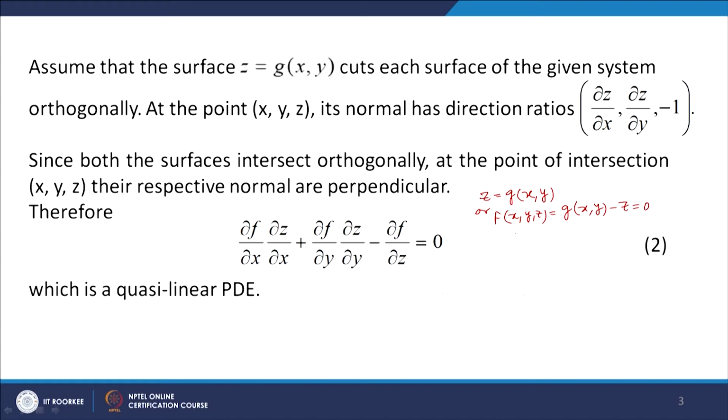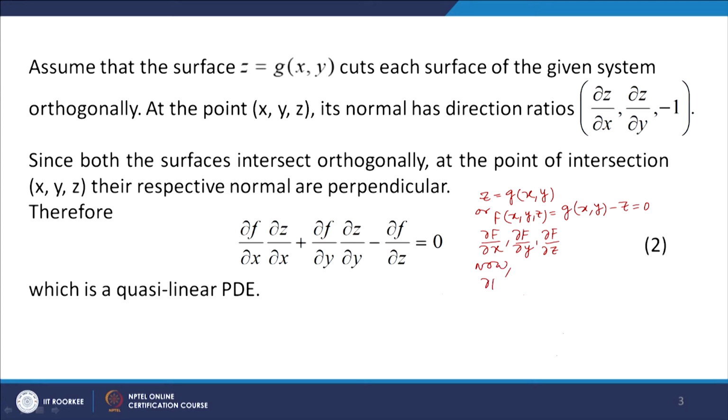Then the surface f(x, y, z) = 0 has a normal with direction ratios f_x, f_y, f_z.